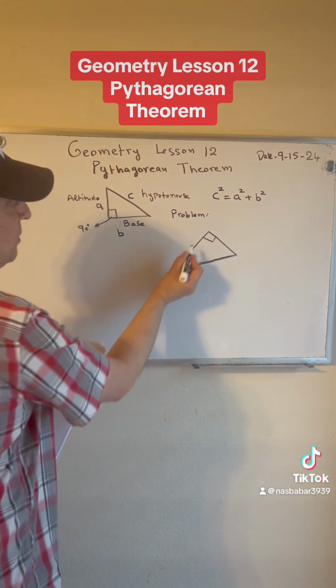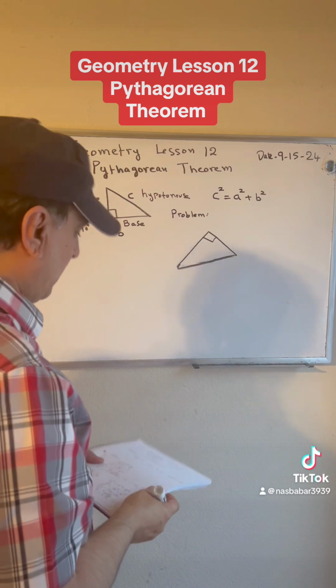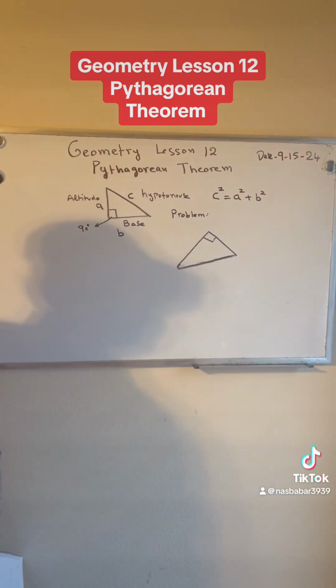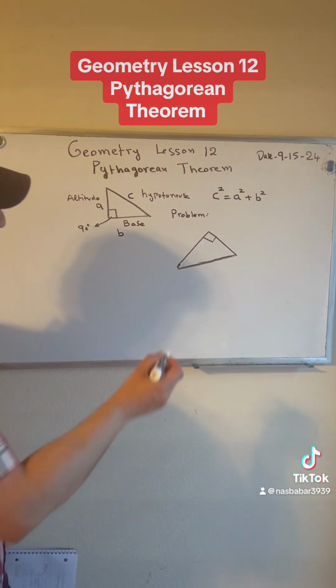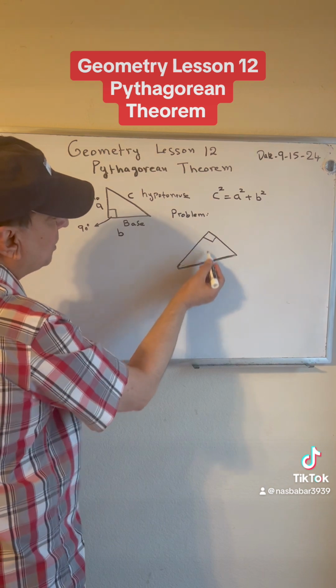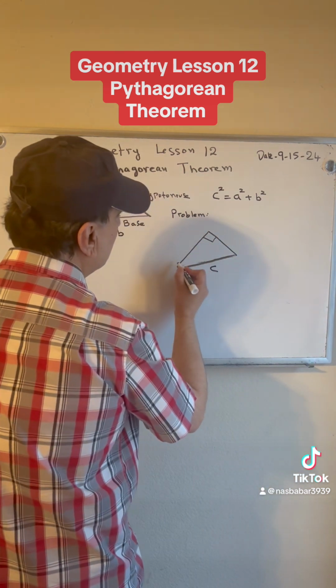This square sign represents 90 degrees. So what would be the hypotenuse? Hypotenuse would be the side opposite this 90 degree angle. So this is C.